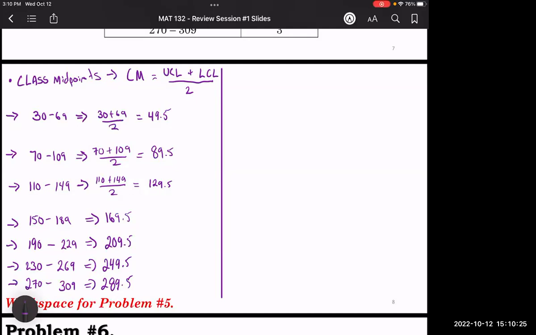Okay. For your class boundaries, just like when you look at a specific class you talk about the lower class limit and the upper class limit, there are what we call lower class boundaries and upper class boundaries. For the lower class boundaries, we need to subtract 0.5 from each of them.